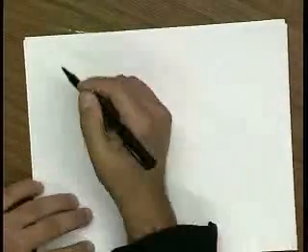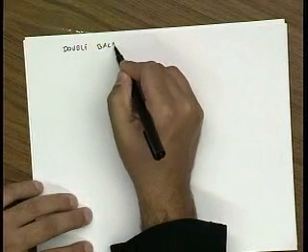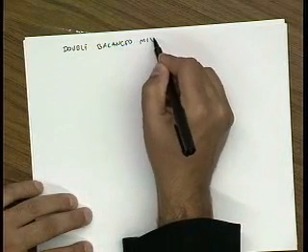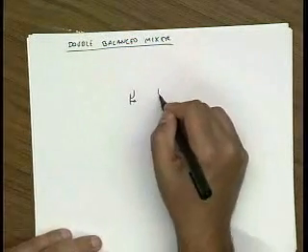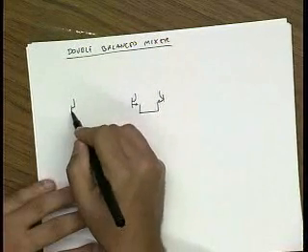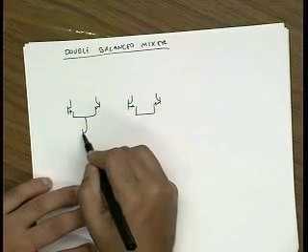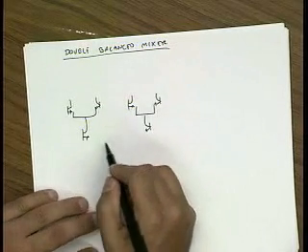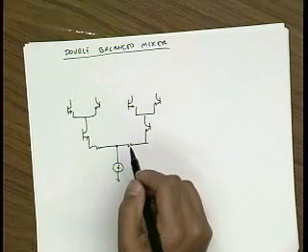Let's now talk about a double balanced mixer. And a double balanced mixer essentially is two differential pairs driven differentially. So it's a fully differential circuit.